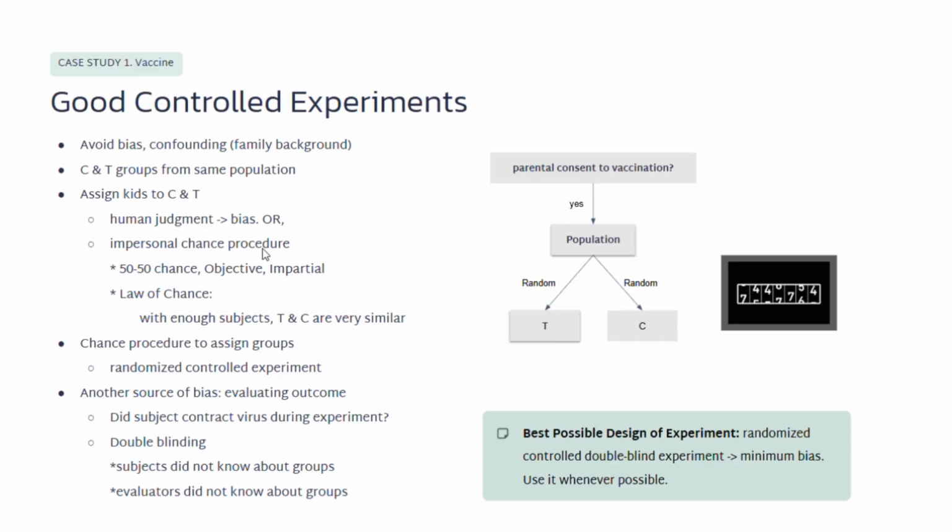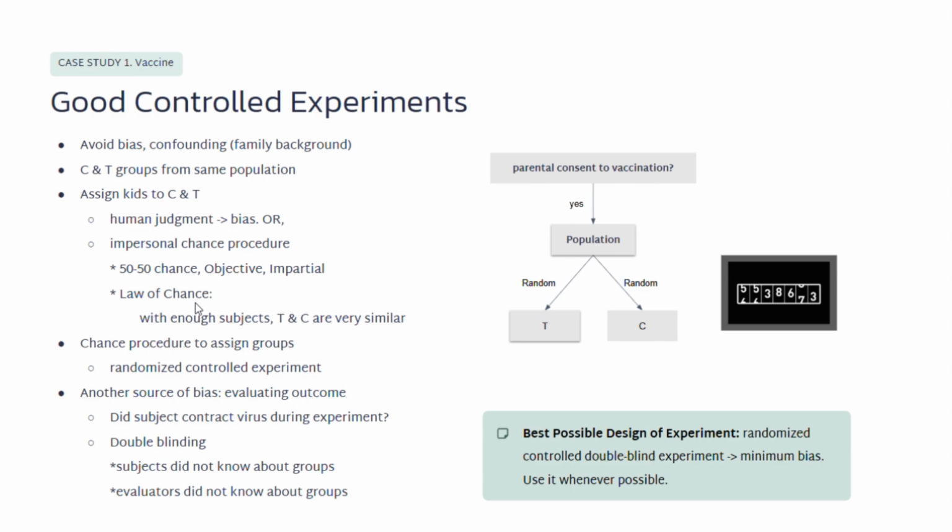Non-randomized controlled experiments we saw suffer from bias. Randomized controlled experiments are those which offer the least amount of bias in your experiment, because you don't rely on human judgment, you rely on impersonal chance to assign subjects to your treatment and control group.